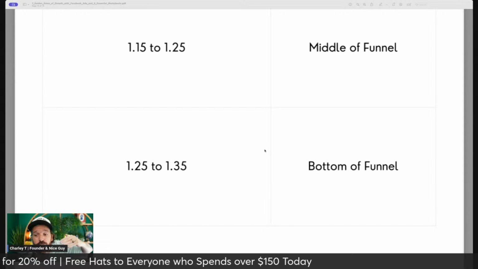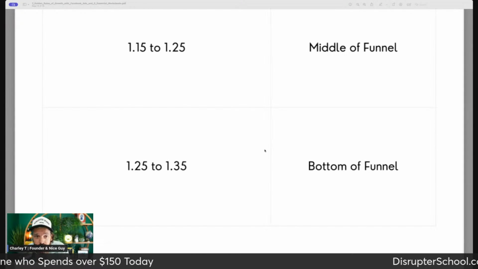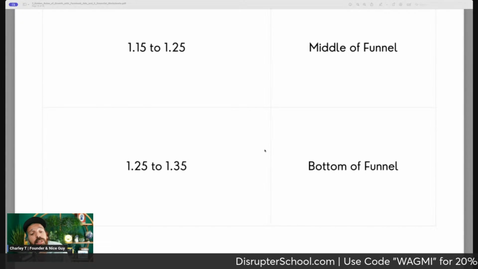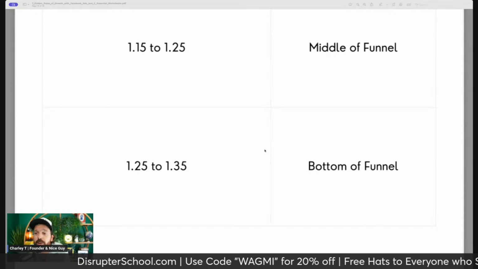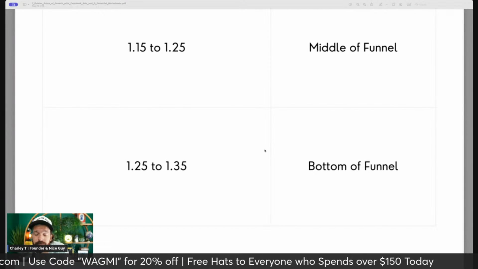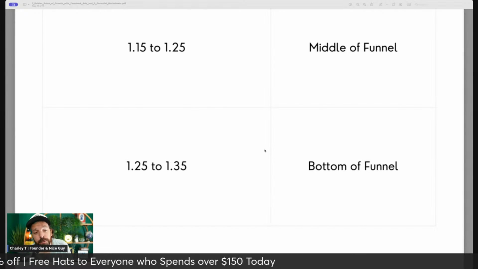But if Facebook is showing it to them twice, they're being retargeted. A frequency of 1.5 means 50% of the people are seeing the ad more than once. That means 50% of your money is going to retargeting, even if it's a top of funnel audience. Your funnel is not the same as the Facebook funnel.